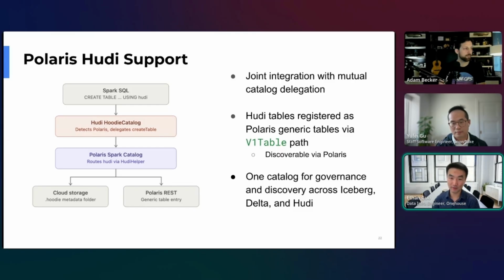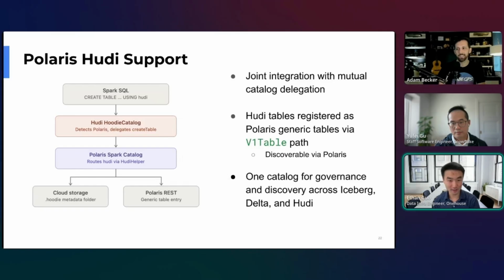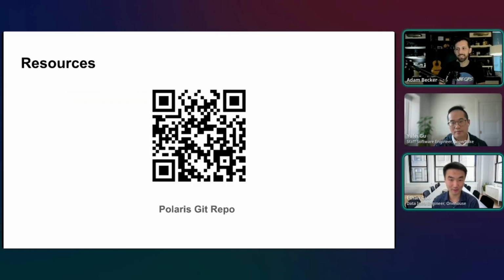So now this Hudi table is fully discoverable and governed by Polaris. And you also have a single catalog for governance across Iceberg, Delta Lake, and Hudi. So it's really about centralizing your data lake without forcing you to migrate all your data to a single format. So that's all about this talk, and going back to Yufei for wrapping this up.